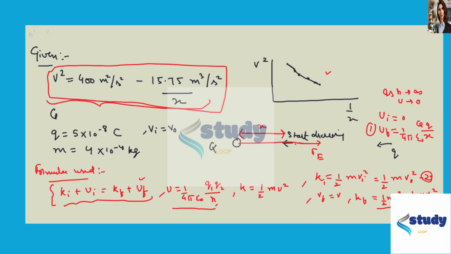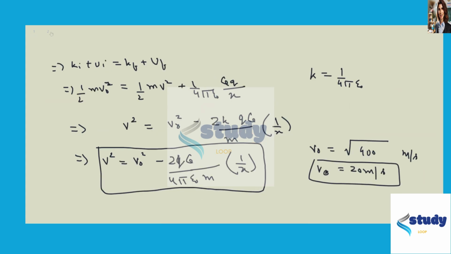Now coming back to part A, what is the reason behind the relation between v square and 1 by x being linear? The reason is the conservation of energy. The conservation of energy gives us this equation, and when we plot v square versus 1 over x, this gives us a linear equation.